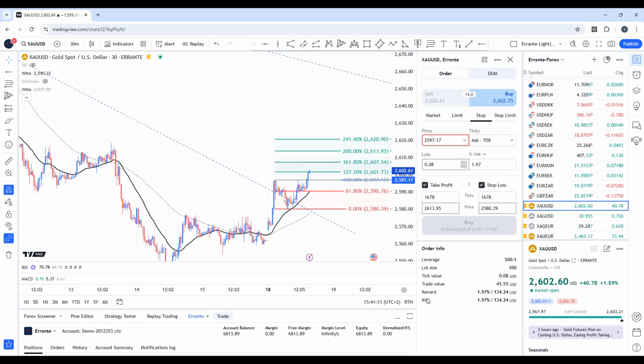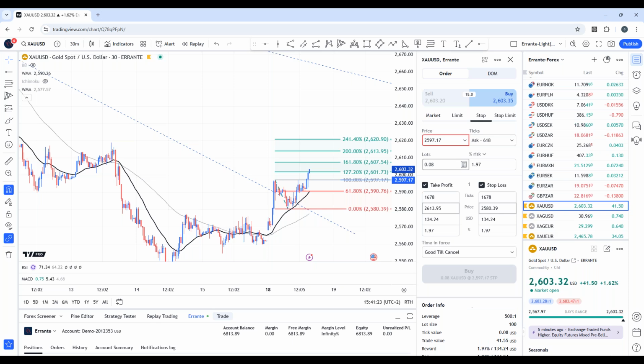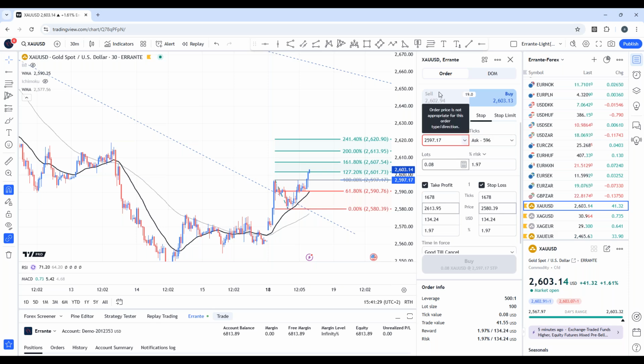So the reward and the risk here, you can see they are both equal. So the reward to risk ratio for me is only 1. Okay, and this is the best way to calculate your risk using the TradingView trade panel.